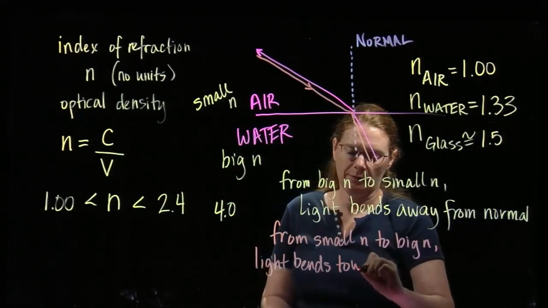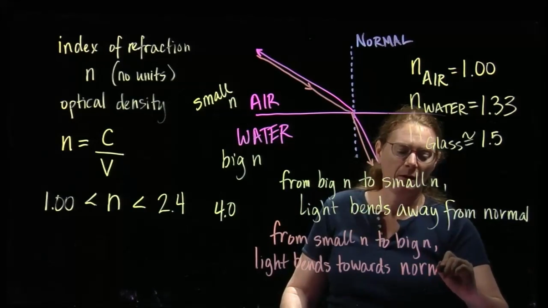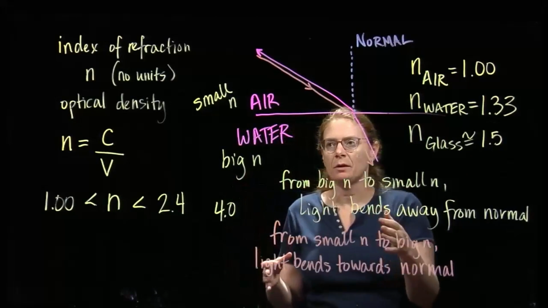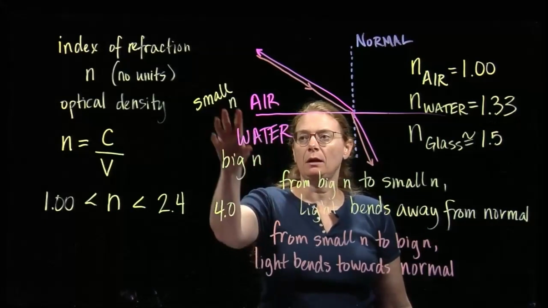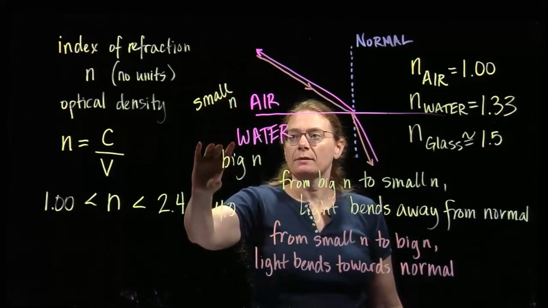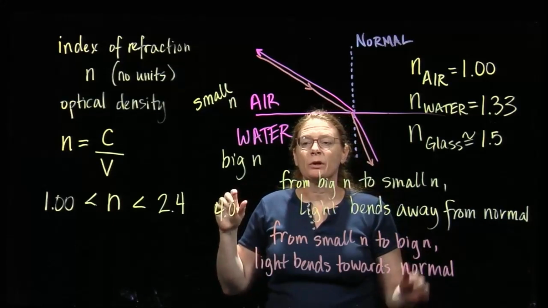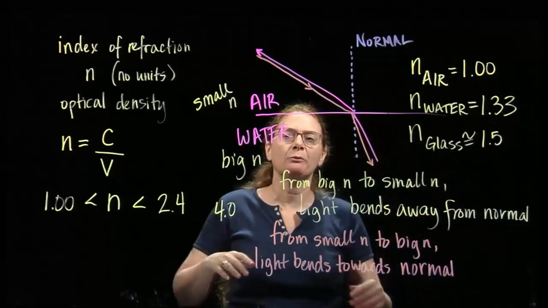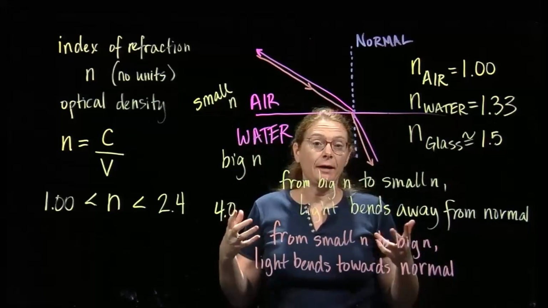How do I spell towards? There we go. Light bends towards the normal. So these are the two rules about how light bends when it encounters a new material. It depends entirely on the relative index of refraction of each of the materials. And so if we're going into something more dense, it bends towards the normal. If we're going into something less dense, it bends away. And we can see that in the simulation.